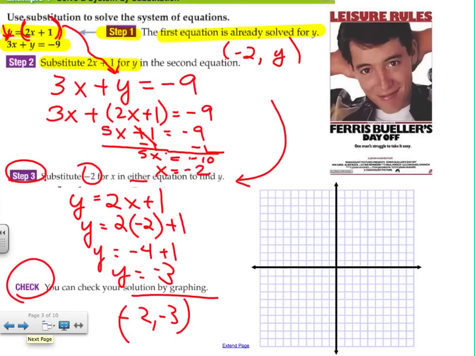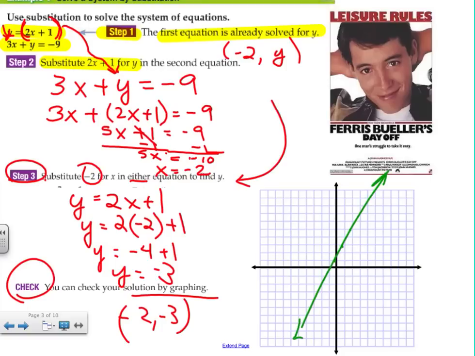So let's graph these two. We have y equals 2x plus 1, so we start at 1 and go up 2 over 1, up 2 over 1. Something that looks like this.